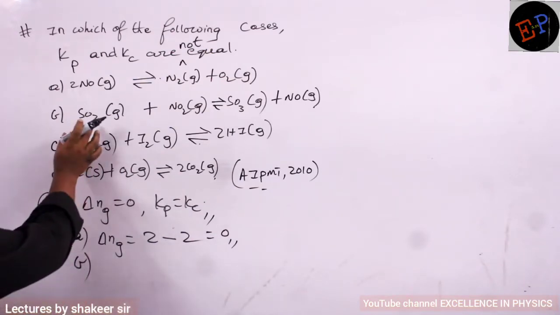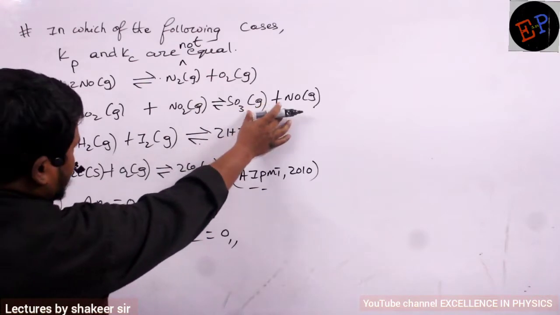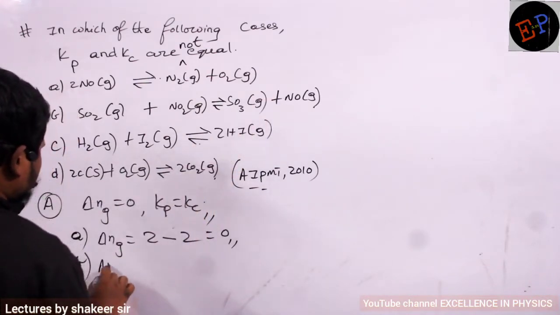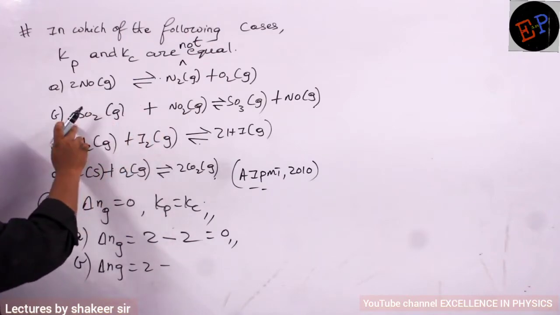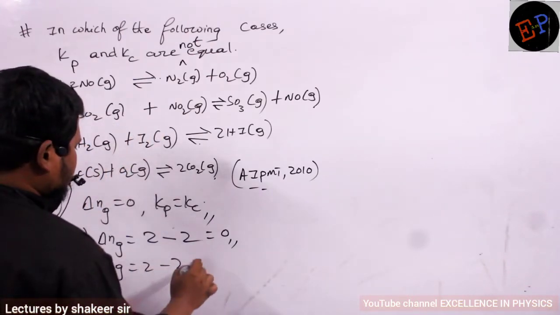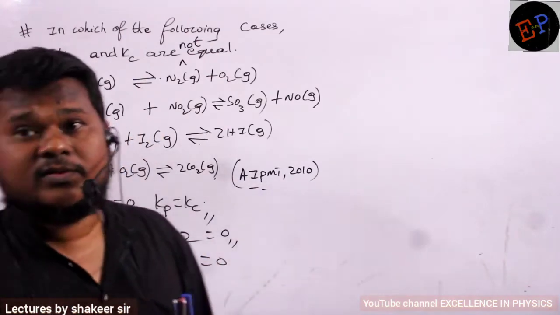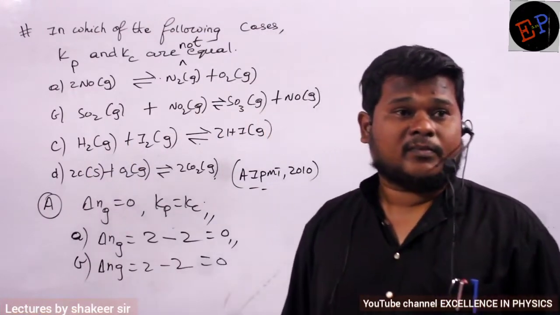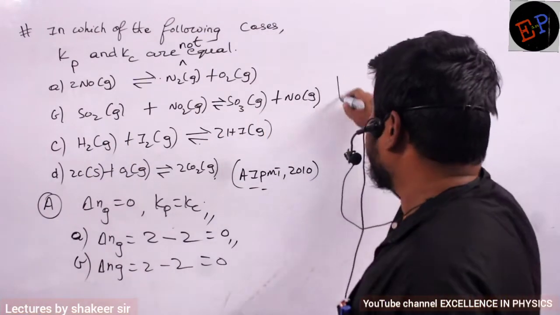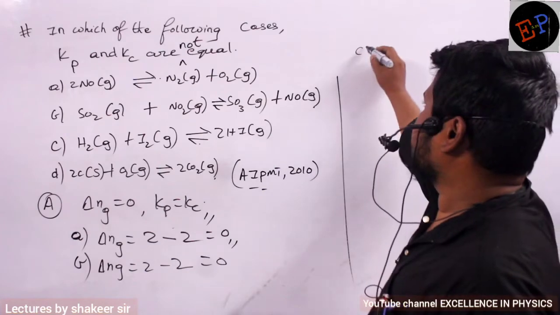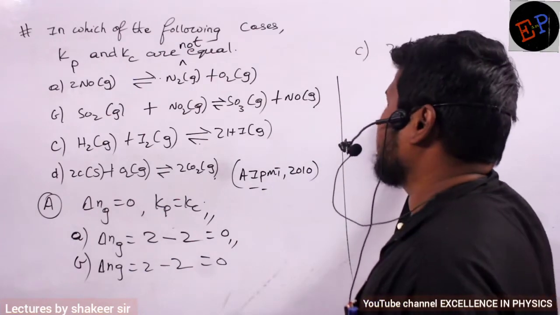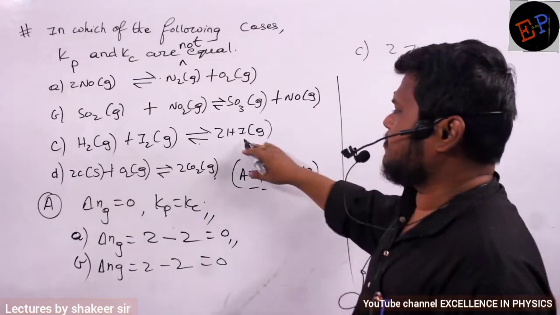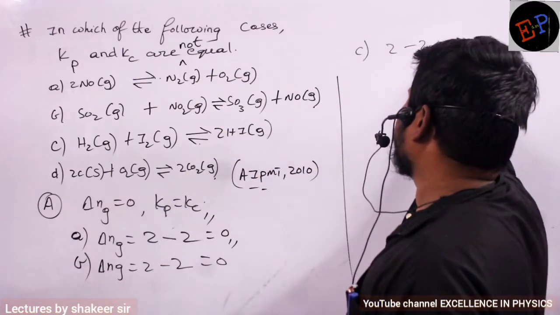In B, 2 moles of products and 2 moles of reactants, so here also it is 0. Similarly C: 2 moles of gaseous products and 2 moles of reactants, so here also it is 0.